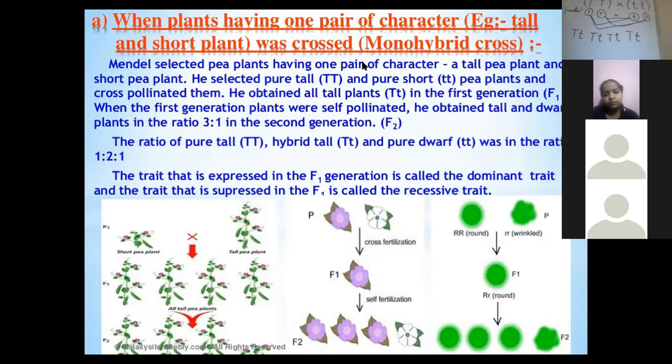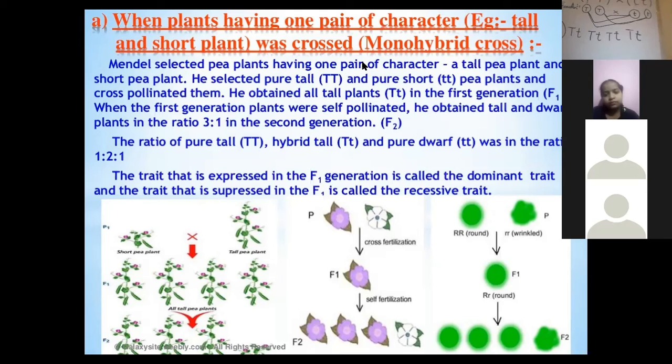And this generation is called the F1 generation, the first filial generation. The first filial generation shows the characteristic of both the parents. As I've told you, the height of the pea plant is controlled by a pair of genes. A plant is tall because it possesses factors for tallness, and a plant is dwarf because it possesses the genes for dwarfness.